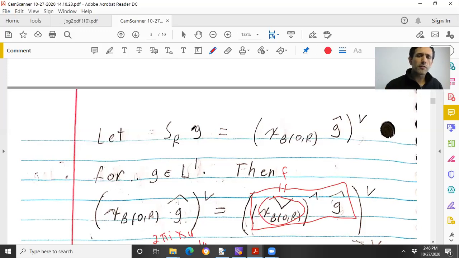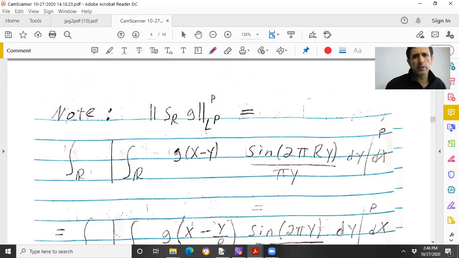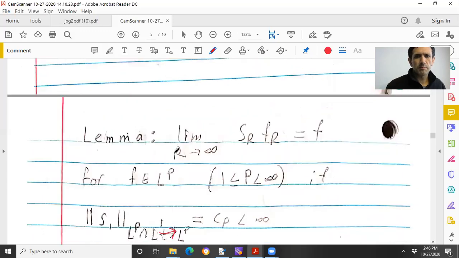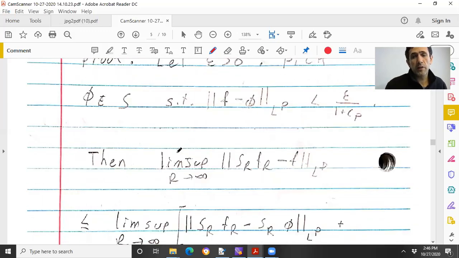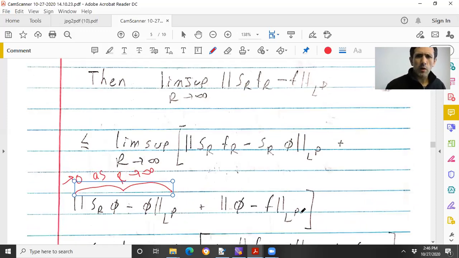So as r goes to infinity, at least applied to a very, very nice function, it's reasonable that we get the function back. And it's not hard to prove using the very, very nice facts about Schwartz functions. I'll leave that for the next homework.